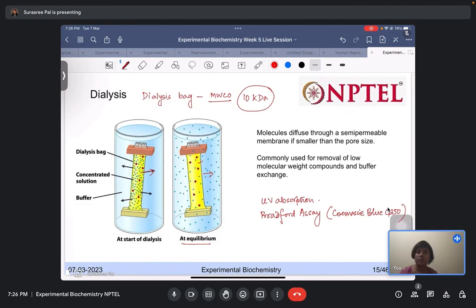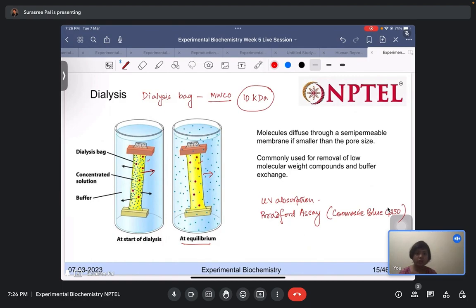So what we do is we put this protein solution sample in this kind of a dialysis bag, and then we allow it to dialyze for a long time, for example overnight, in a buffer, and the external buffer that we put here does not have any imidazole.